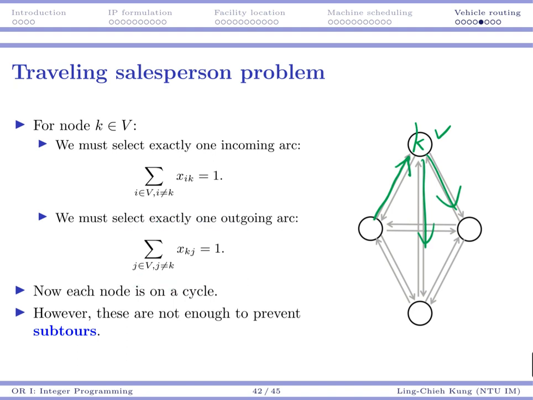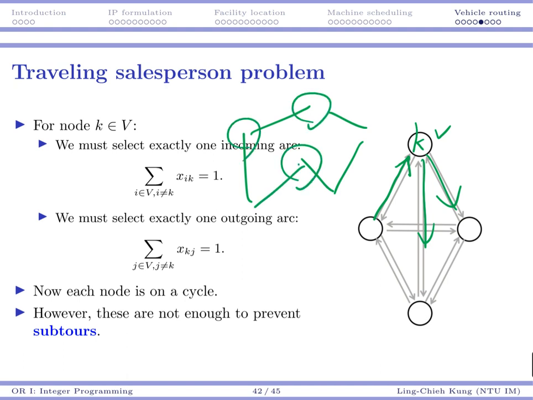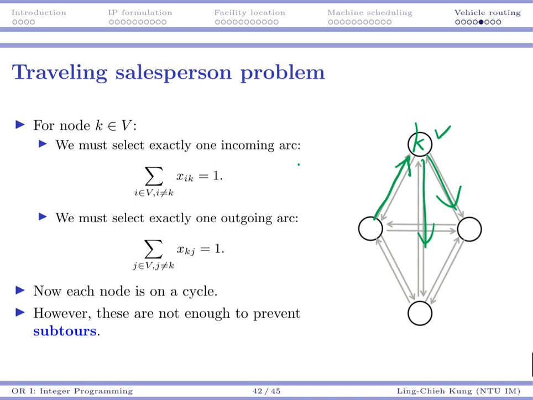Because somehow, if that's really a tour, then for this particular node, for any node, you have an incoming selected, you have an outgoing selected. All right? So that's pretty much the idea. If I can make sure that for each node on the graph, there's one entering, there's one leaving, then ideally it should be collected and form a route. All right? So pretty much that's the idea.